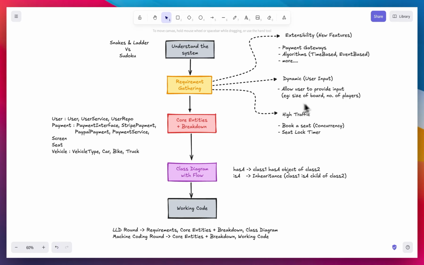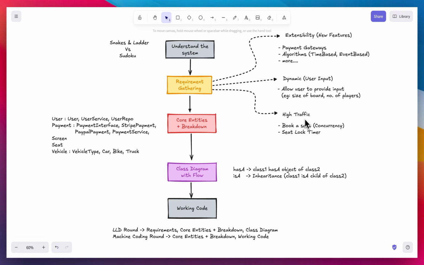So all the requirements where user will provide the input will go into this category. For example, let's say we are playing tic-tac-toe. So over there, we can ask the size of the board from the user. We can also ask the number of players from the user. So all those requirements will go under dynamic category.